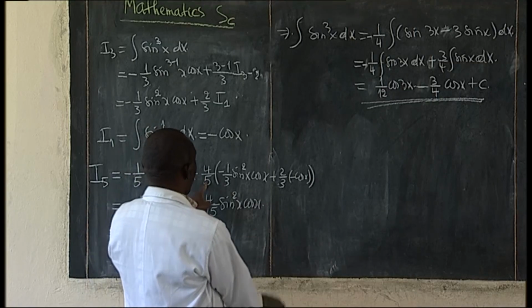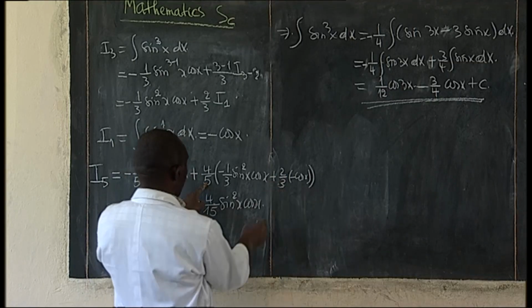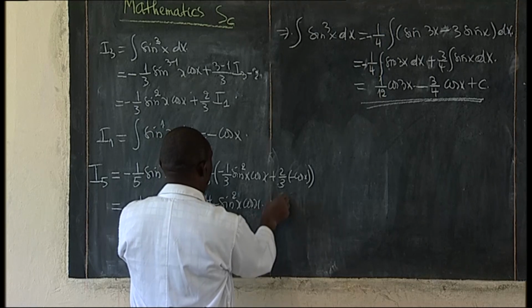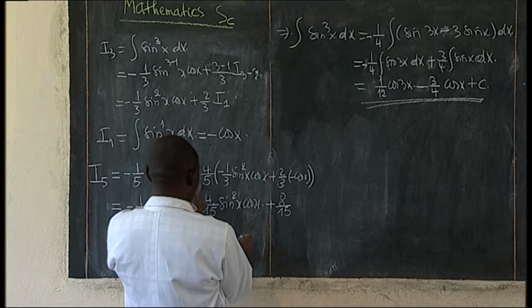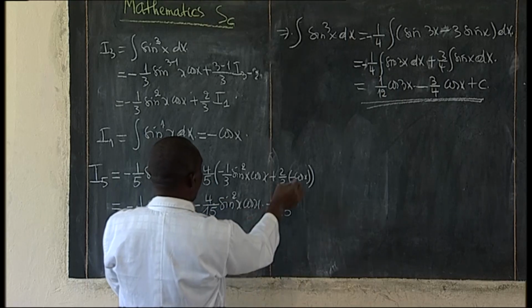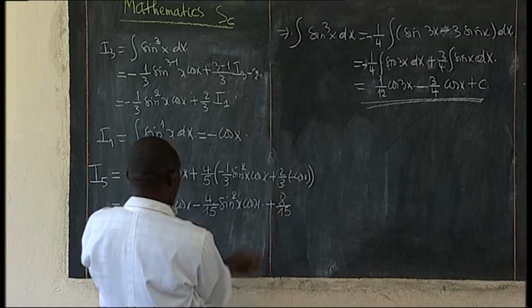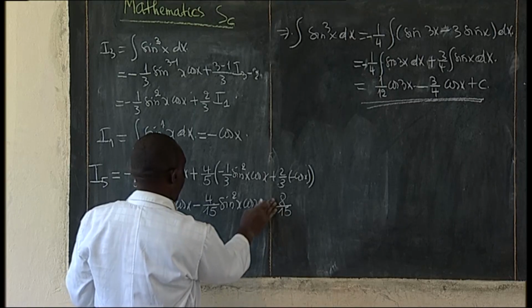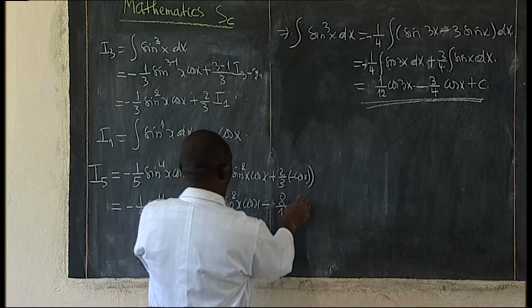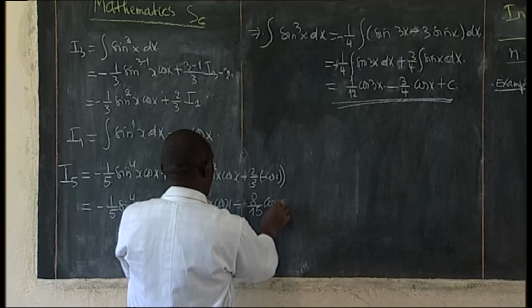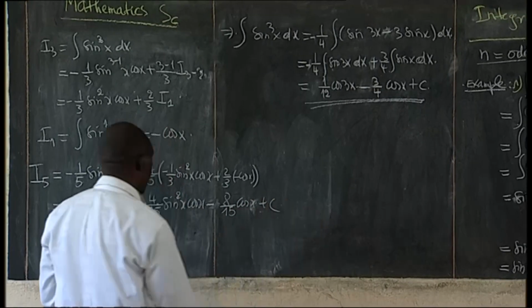And 4 divided by 5 times 2 divided by 3 will be 8 divided by 15. It will be negative, as we have a negative sign here, minus cosine x, plus c.